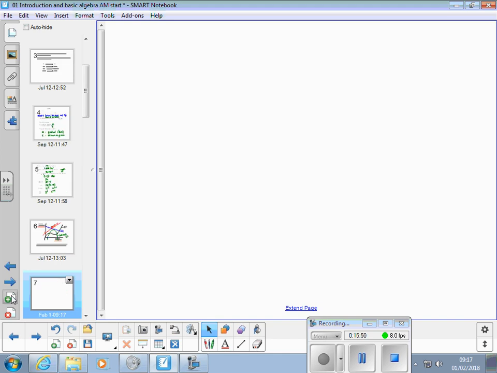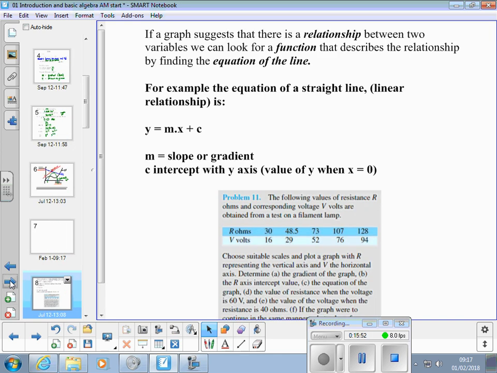So we're going to just look through this problem, not going to actually draw these graphs or anything. If a graph suggests there is a relationship between two variables, we can look and try and find a function that fits. We do a lot more with that on the second year maths module, trying to fit a function to some experimental data.